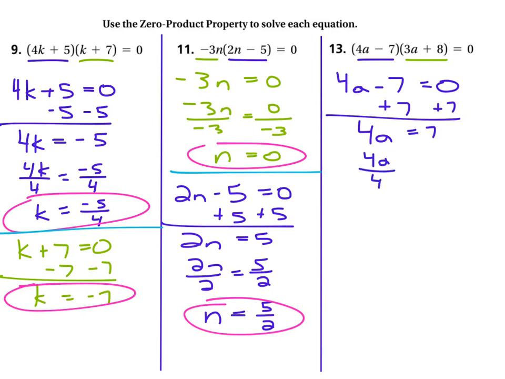Solving for a. That is a value for a that would result in a 0 output. Okay?